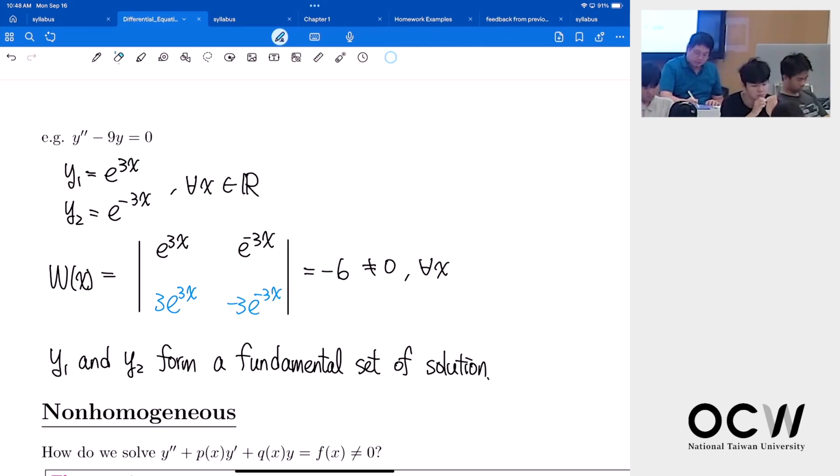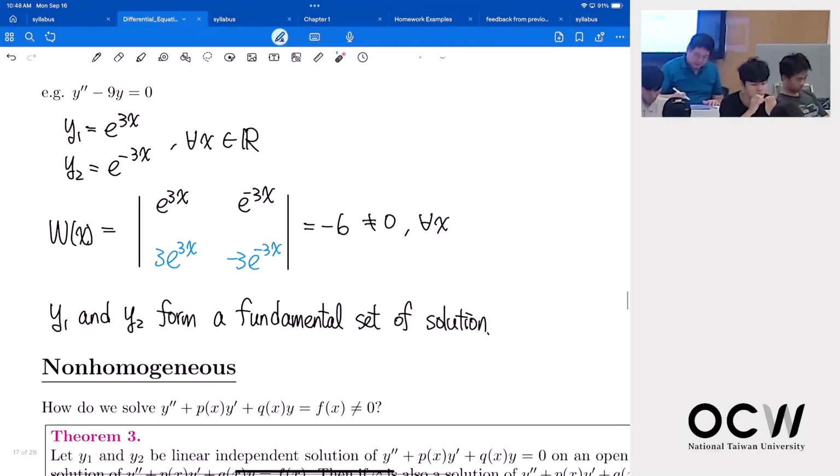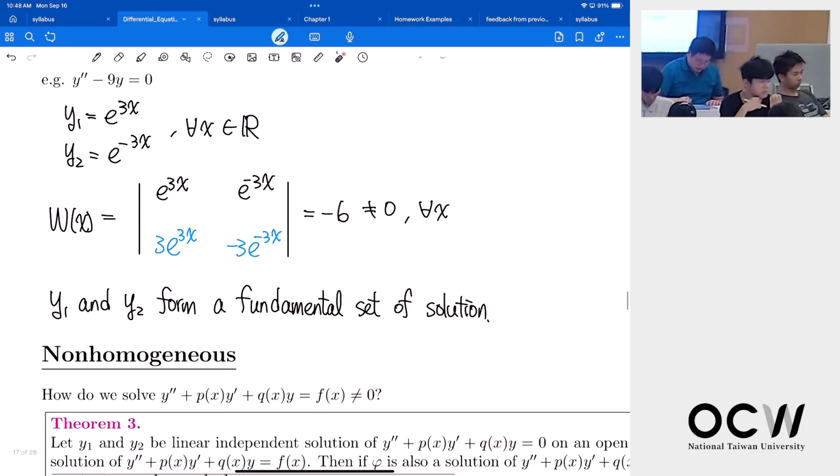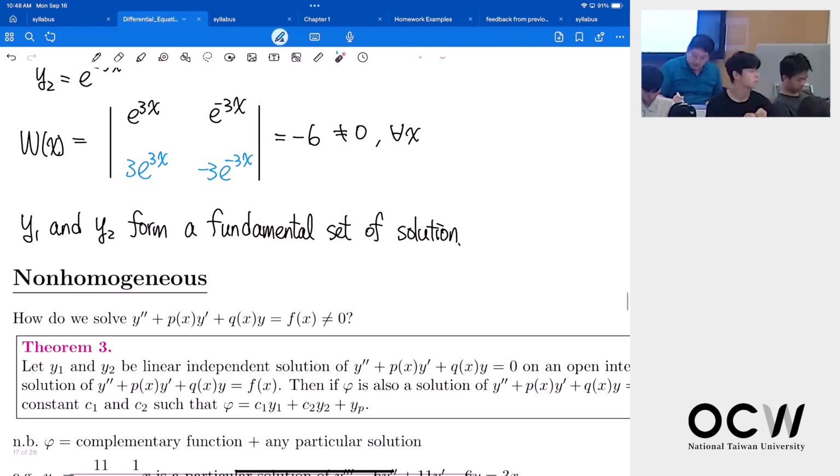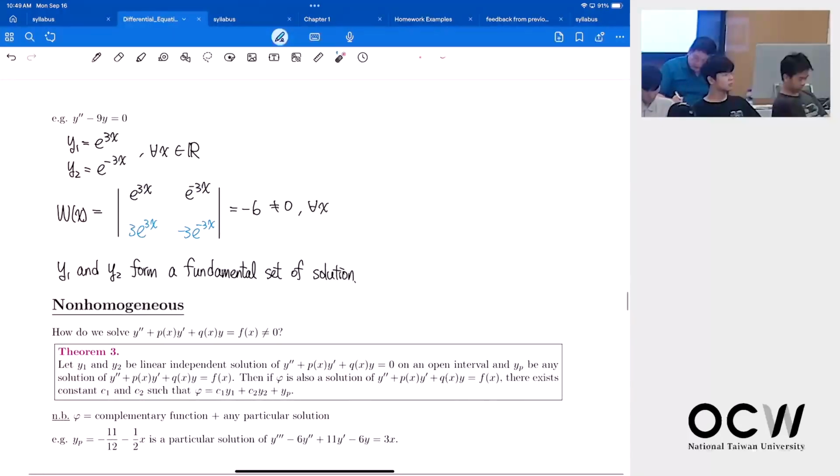Okay, now let's see next. For the non-homogeneous, if f(x) is not 0, then how do we find the solution? Here, I still have y1 and y2, and we say they are linearly independent solutions for the homogeneous equation. And also I have a yp. That is the solution for the non-homogeneous equation.